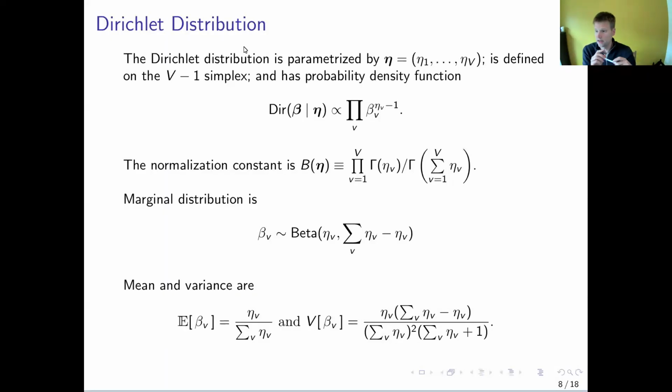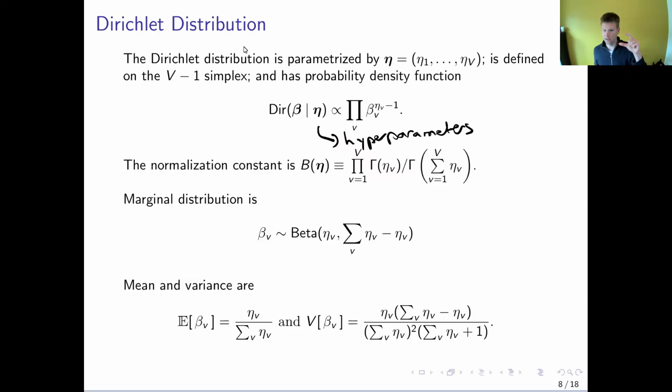And here you go. This slide gives you the algebraic definition of the Dirichlet. It's proportional to the product of individual betas. Here I'm defining a distribution over the multinomial given these eta things, which are hyperparameters, and they define a particular Dirichlet distribution.